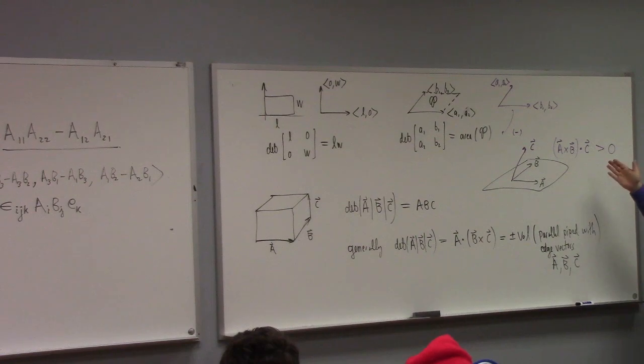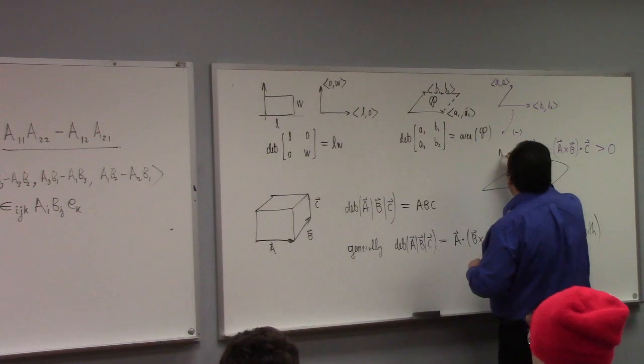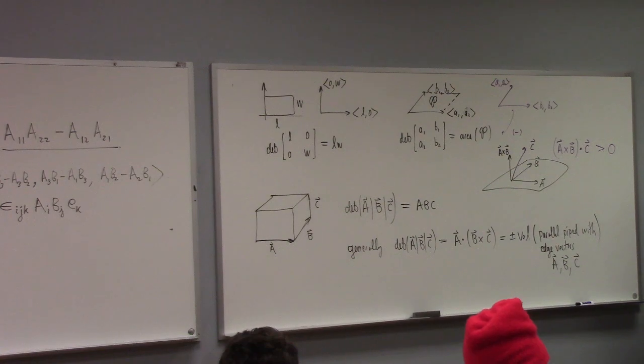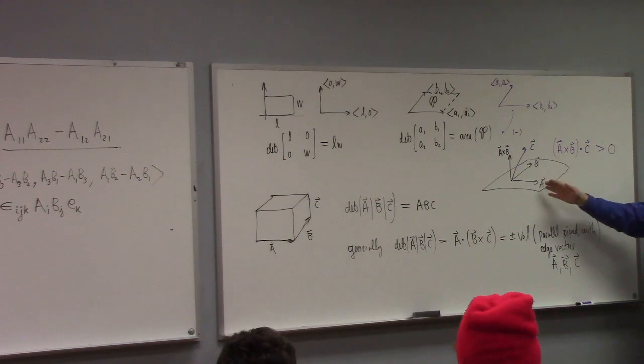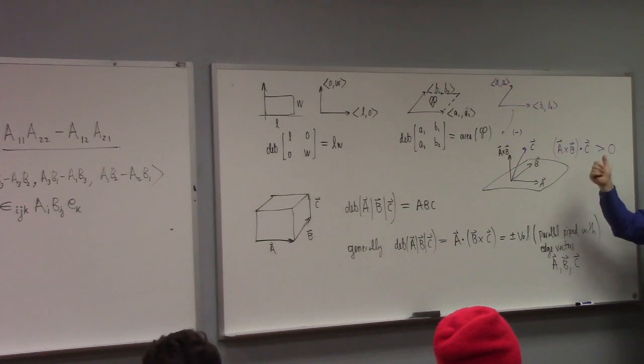So if A cross B is in the same direction as C, to be technical, you could say the projection of the cross product of A and B in the C direction is parallel, not anti-parallel, to C. If it's on the same side, then ABC is what I would call a right-handed triple, in the sense that A cross B is in the same direction as C, generally.